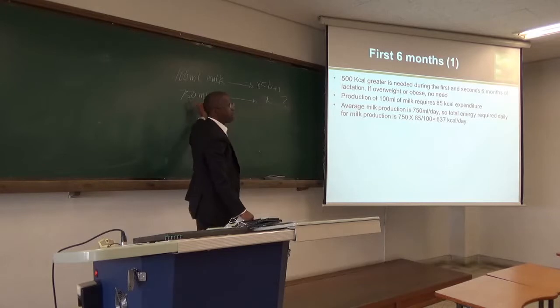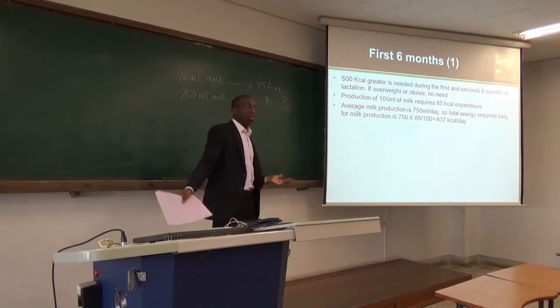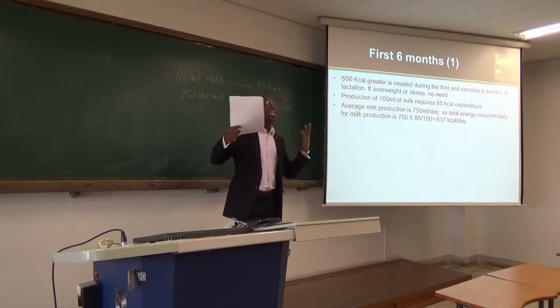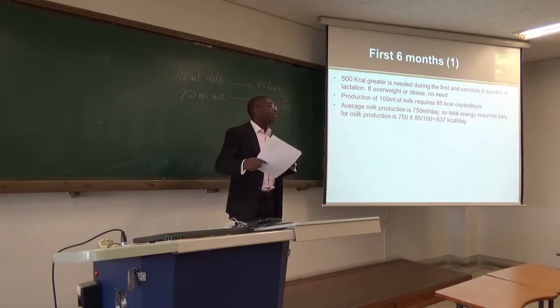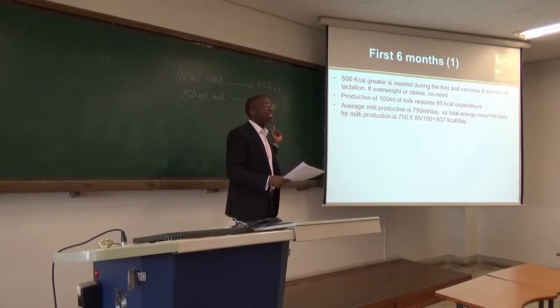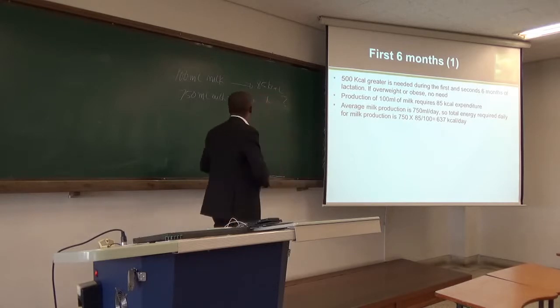Now, if I make 750 today, how much energy am I losing? How much energy do I need? When I say energy losing, I mean energy out. I need that energy to make 750 milliliters of milk. So we just do the simple mathematical rule.